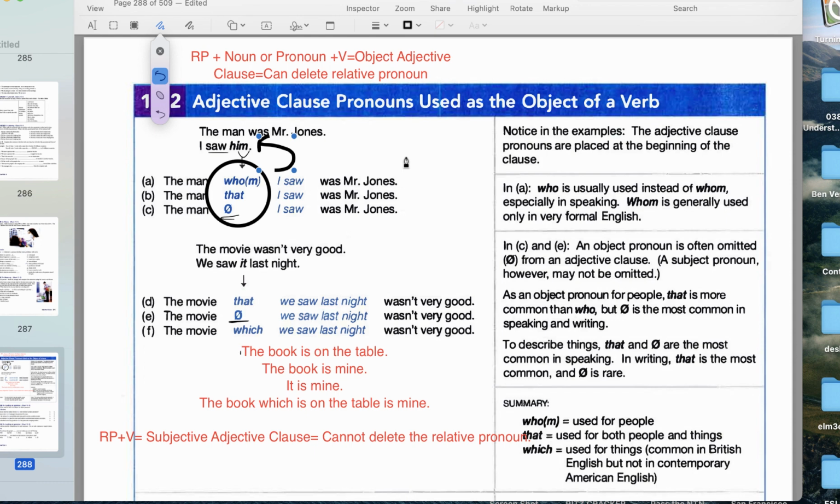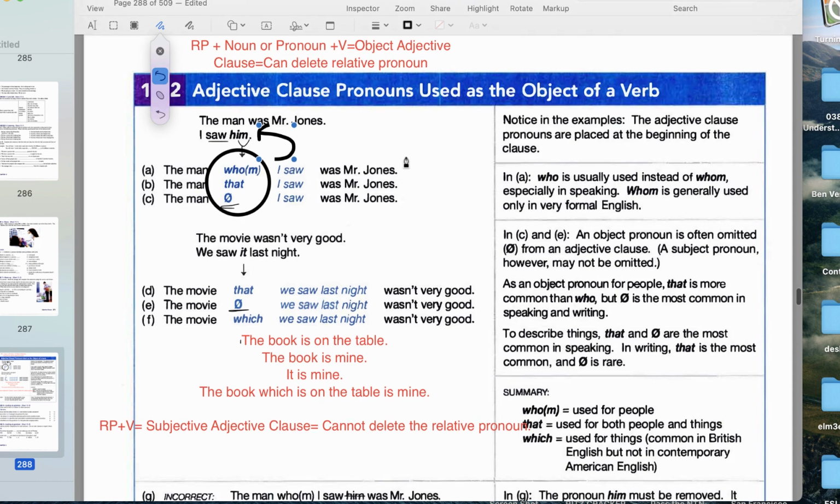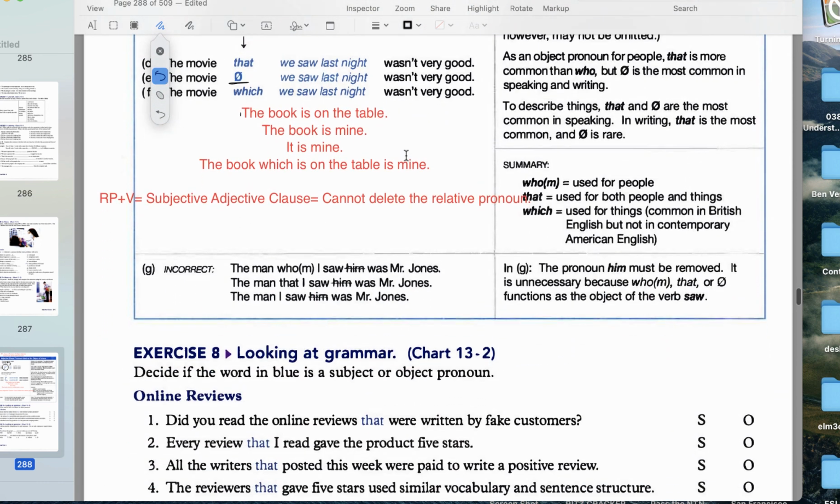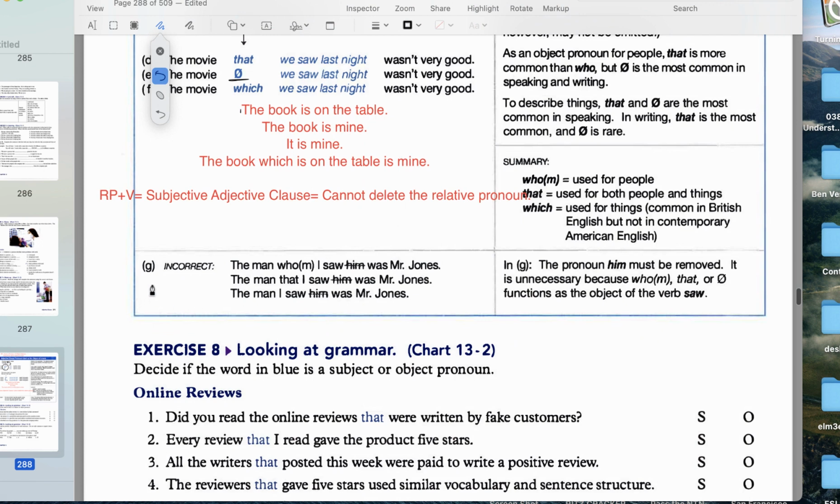So let's come down here for a couple of more notes that I wanted to show you. It tells you what's incorrect. So in object relative clauses, and we know it's object because we have a relative pronoun, right? Your RP. Right there, whom. And then you have a noun or pronoun, and then you have the verb. And that's how we know that that is an object.